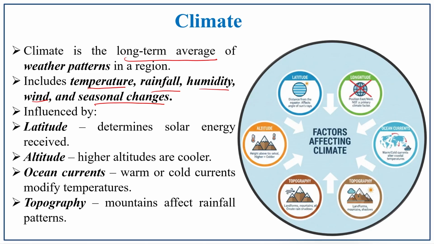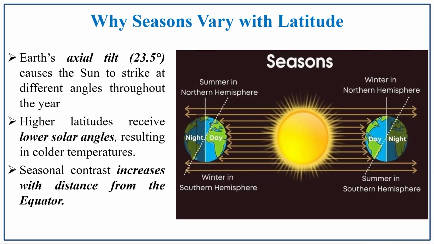And ocean currents. We have warm or cold ocean currents which modify the temperature. Then comes the topography. It may be a mountainous region which will be very cold, and it may be a plain section, which is comparatively hotter, that is warmer. These are all the important factors which determine the climate of particular latitudes.